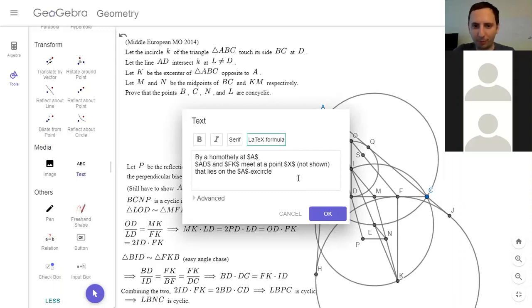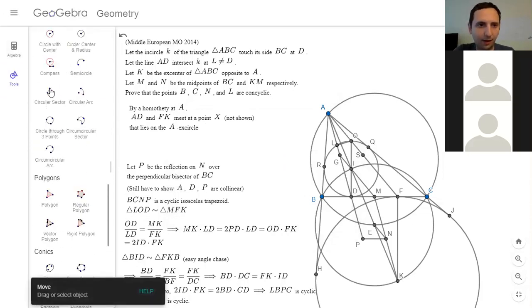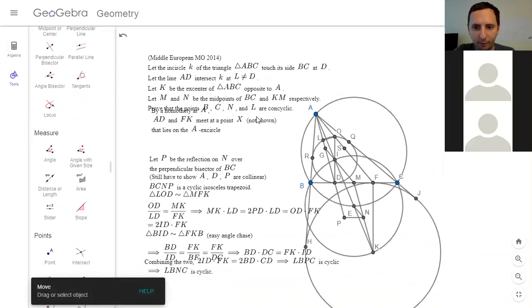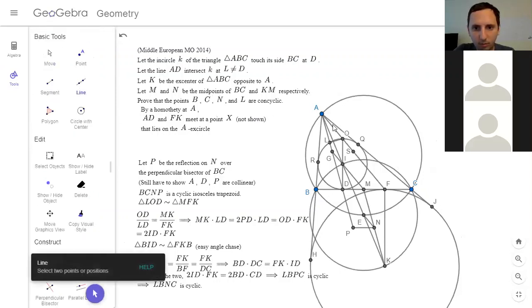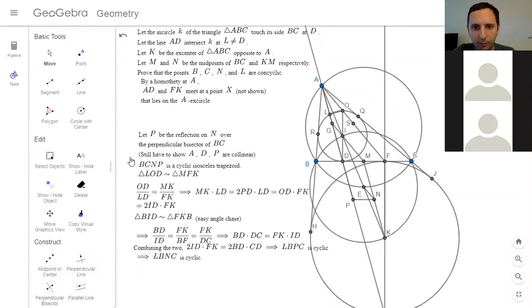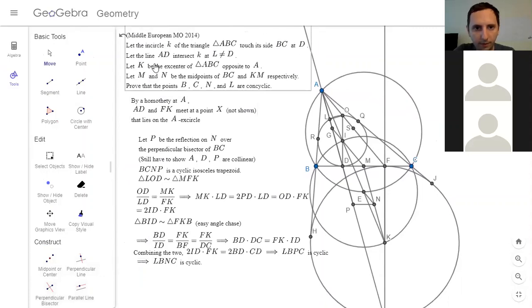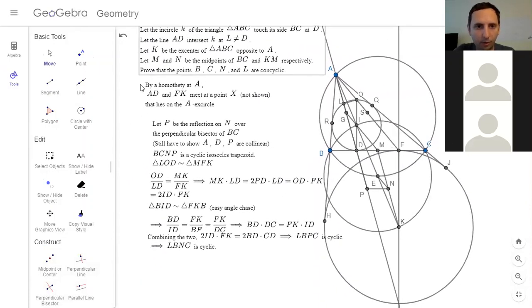Maybe I can make room for point X. Let's see. I'd have to maybe shrink stuff a little bit and move stuff around. There we go.